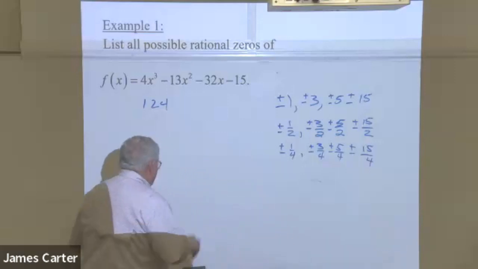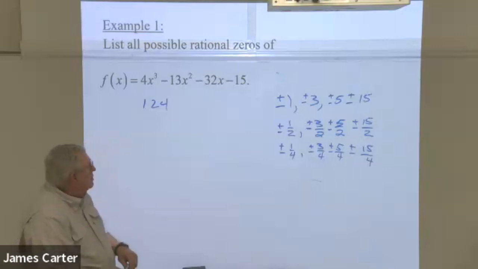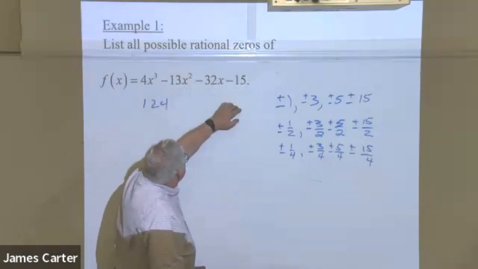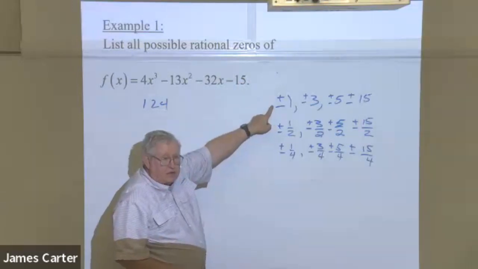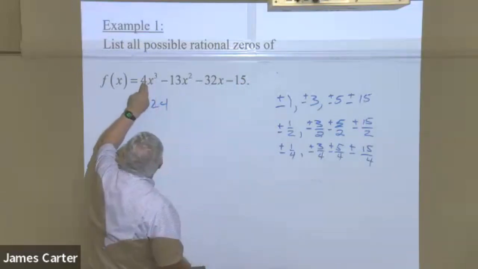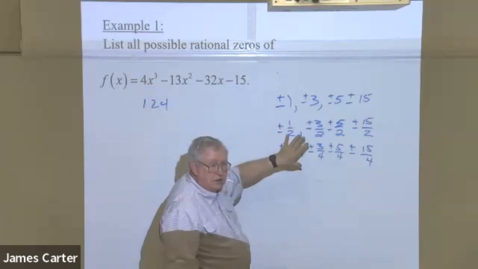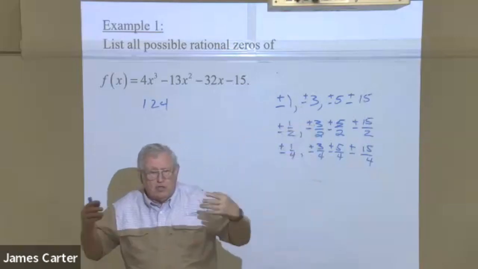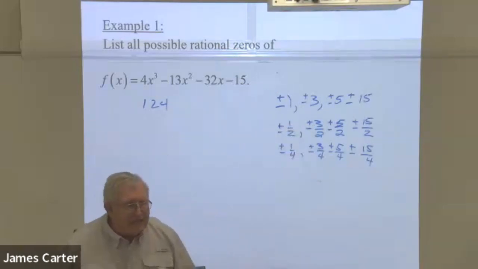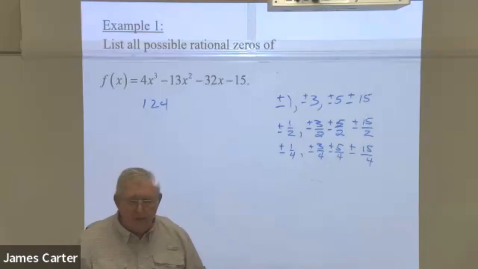Now, that's what this rule says. If you take all the possible factors of this and all the factors of this and divide them into each other, that's every possible rational number that could give a zero remainder when you do synthetic division.